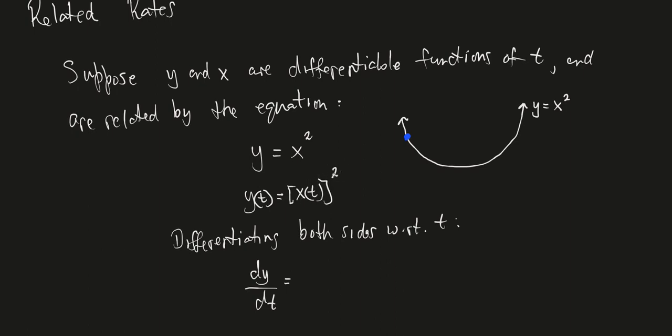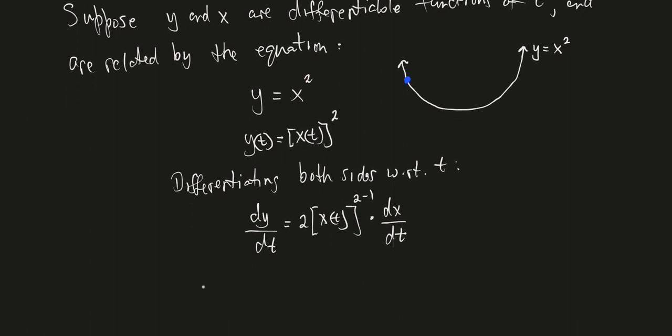So using the chain rule on this side, I have to bring the 2 down, and then I have to keep the x of t, and then I have to subtract 1 from the power, and then I have to multiply by the derivative of the inside with respect to t. So dx/dt.